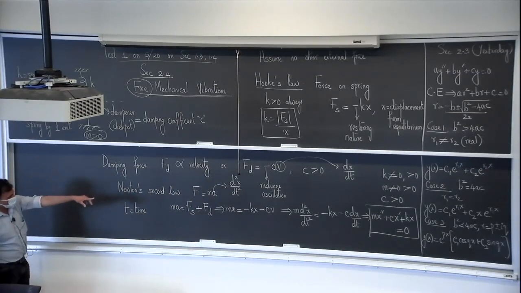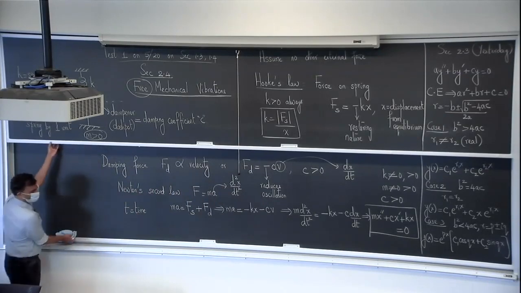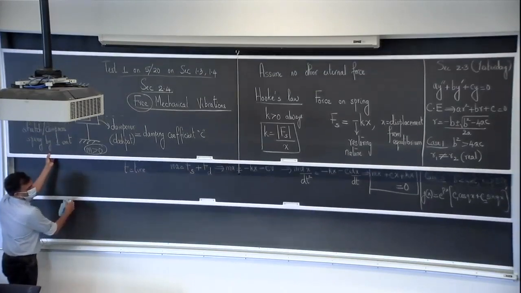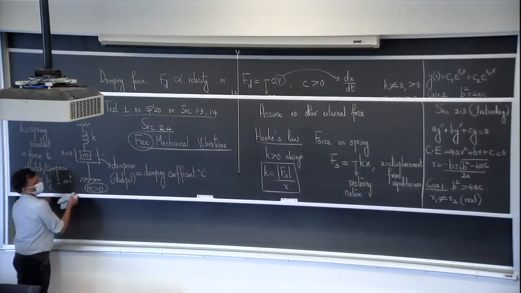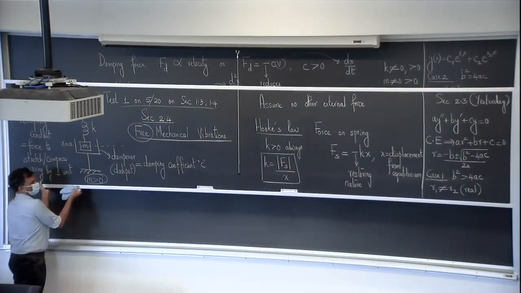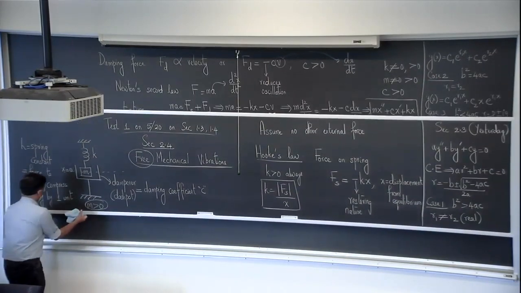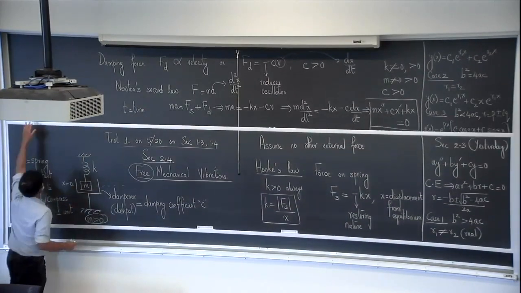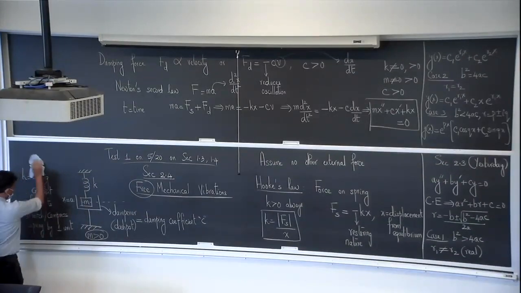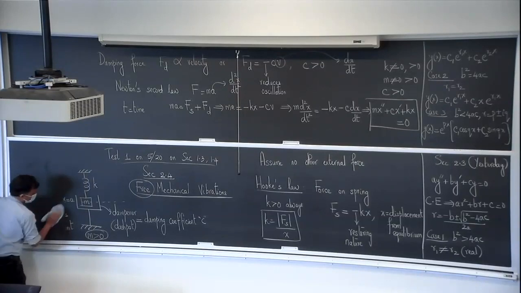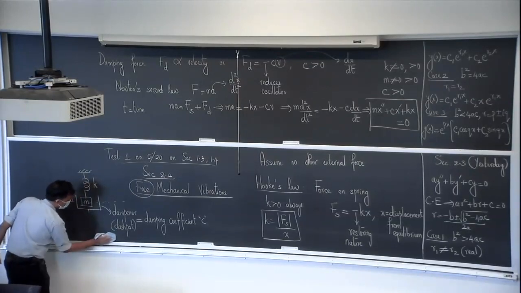All right, then let's look at the easiest case. Let's start with the case where there is no dashpot. So let's assume that this thing is not there.